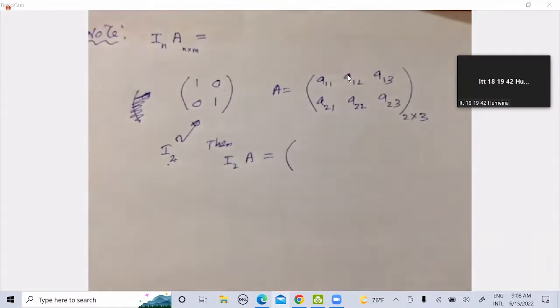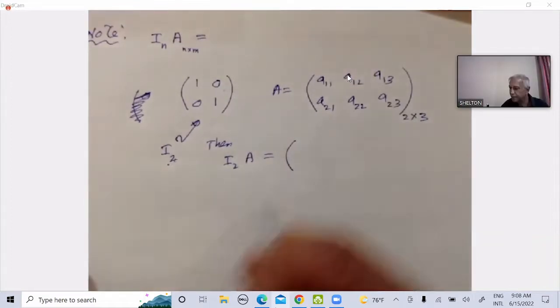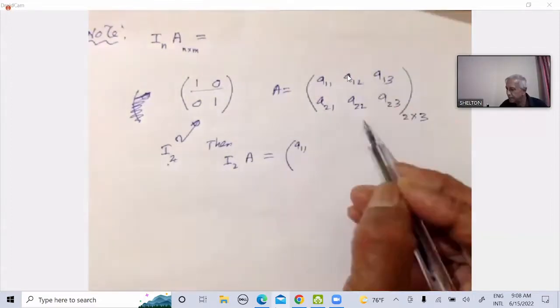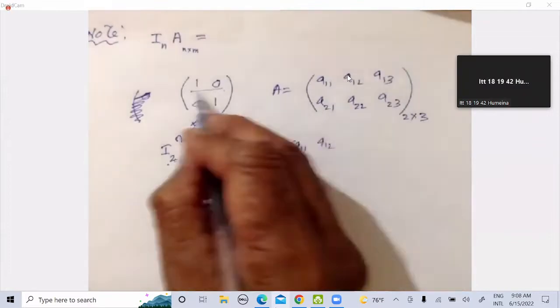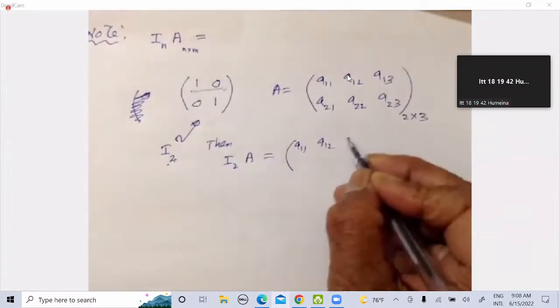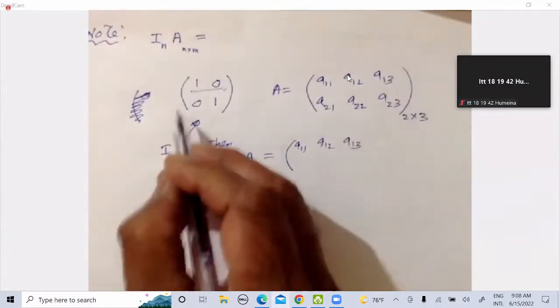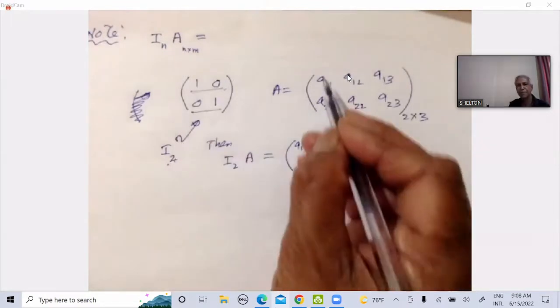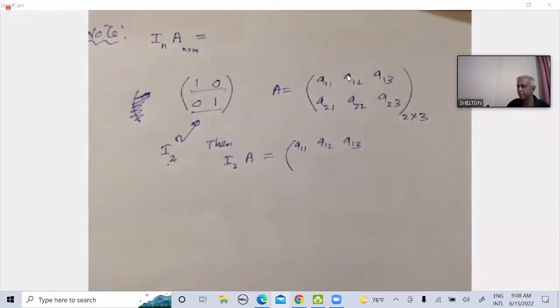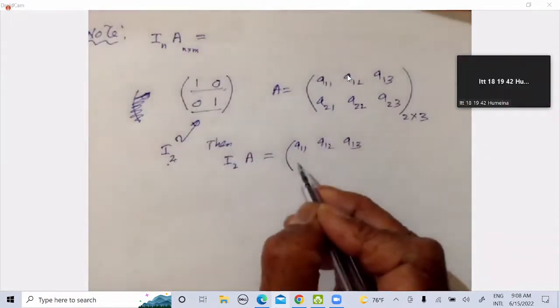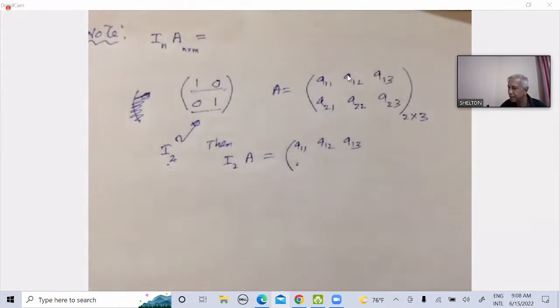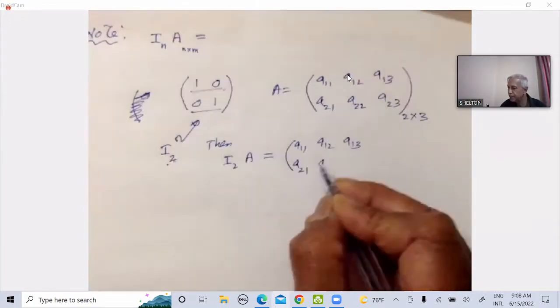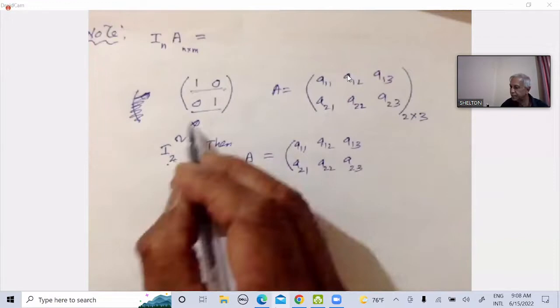What is the first entry? A11. Second entry? This times this, A12. This times this, second row, is A21. What are the other ones? A22, A23.